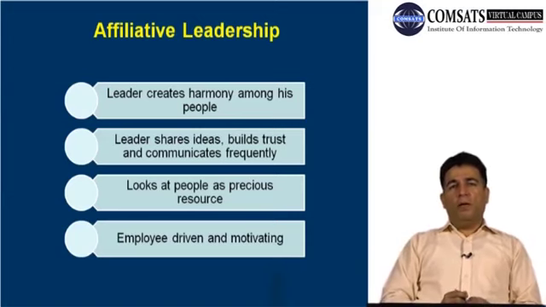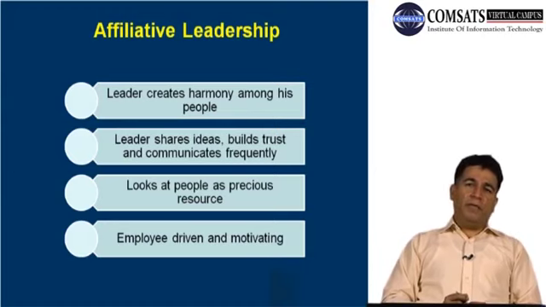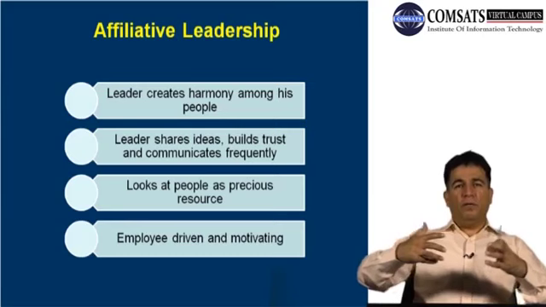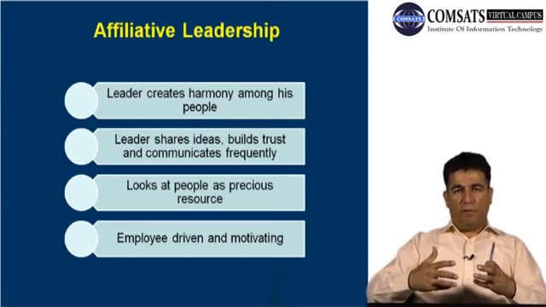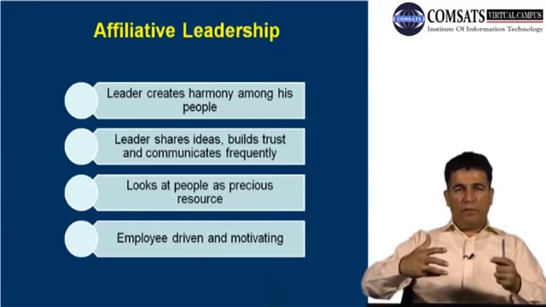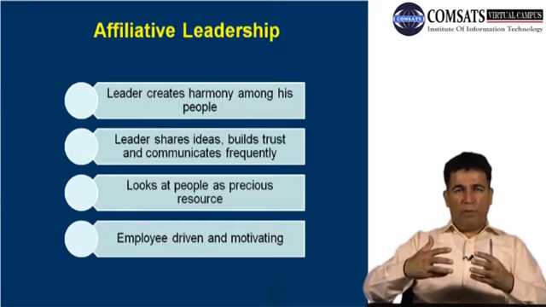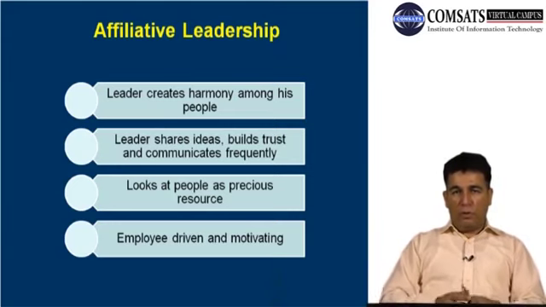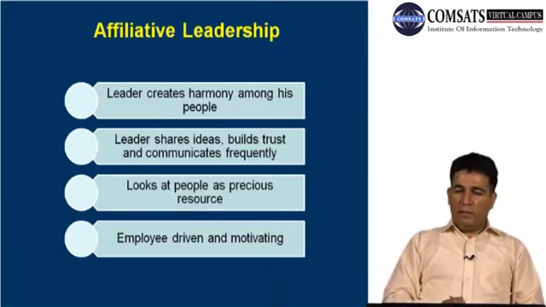The basic purpose is that the leader is trying to strengthen the relationships of the organization's employees. And once you develop relationships among your employees, of course you are able to achieve your goals. And then in this affiliative leadership, the next feature is that the leader shares ideas, builds trust, and communicates frequently.